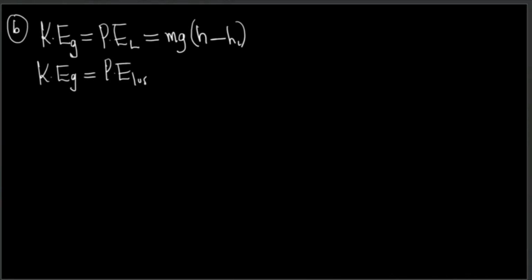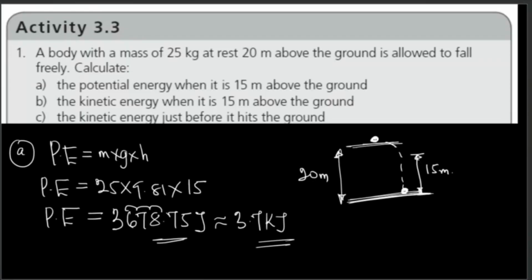Loss in potential energy is going to be equal to the mass, which is 25, times 9.81, times 20 minus 15. You see, when it is 15 meters above, it's going to be 20 minus 15. You're going to subtract the height. This is 5 meters.